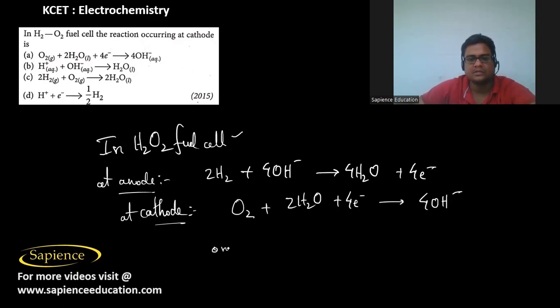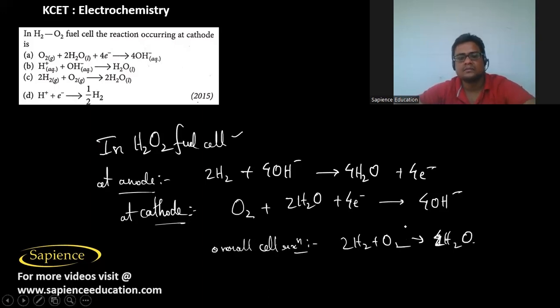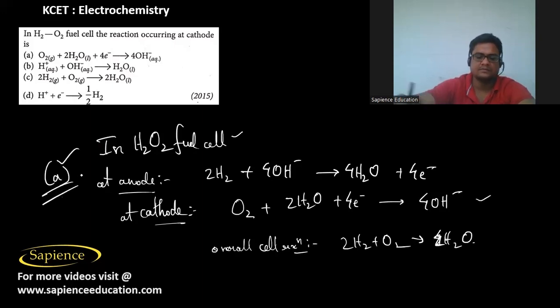Therefore the overall cell reaction is 2H2 plus O2 gives 2H2O. So the reaction occurring at the cathode is O2 plus 2H2O plus 4 electrons gives 4 hydroxide ions. So option A is the correct answer.